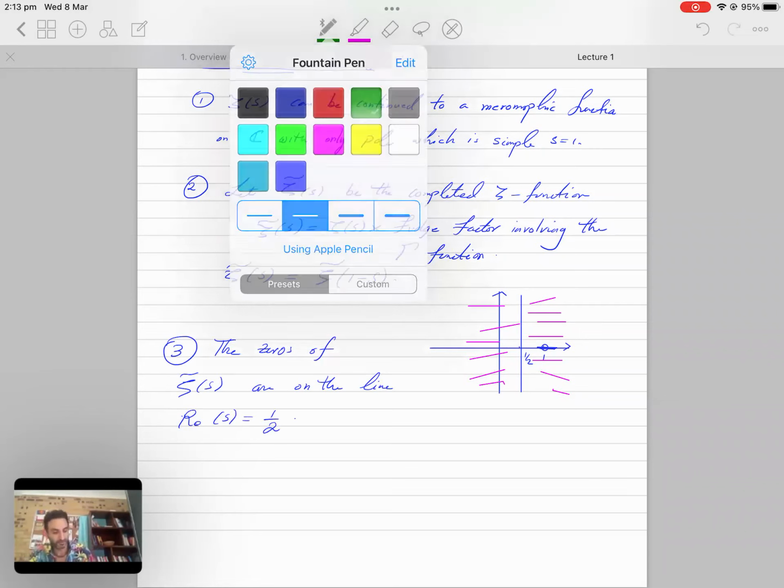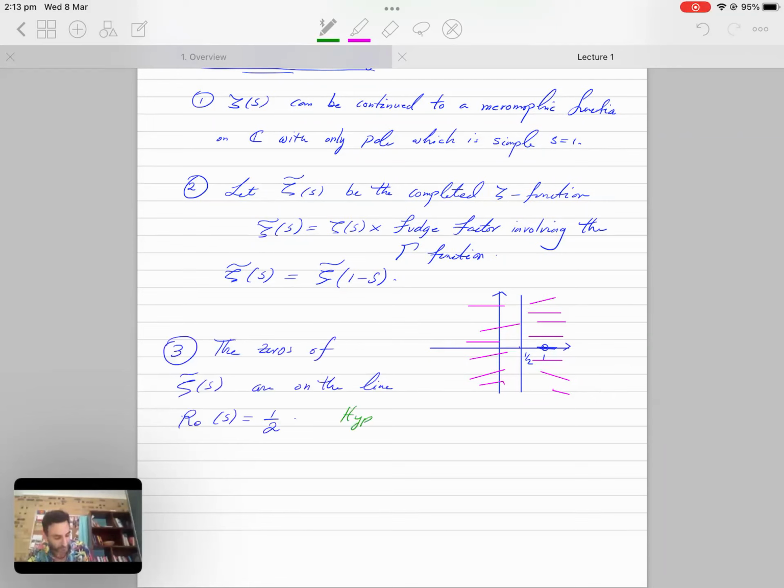So this is a hypothesis, not proved. The first two parts were proved by Riemann. And I think that once I put in this fudge factor, then I don't need to say non-trivial zeros. The fudge factor also kills the trivial zeros.